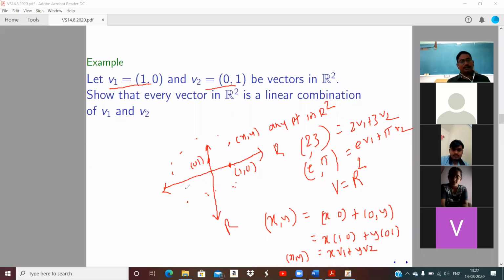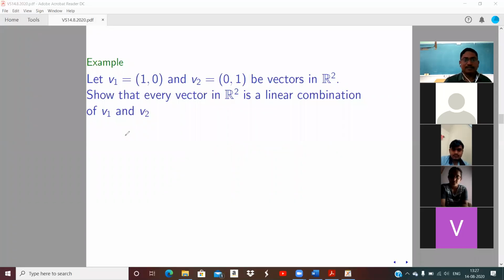Can somebody find any point other than this? Or are there only these 2 points? Can somebody find the points other than this? Are there any other points satisfying the same conditions? I will write these 2 points.